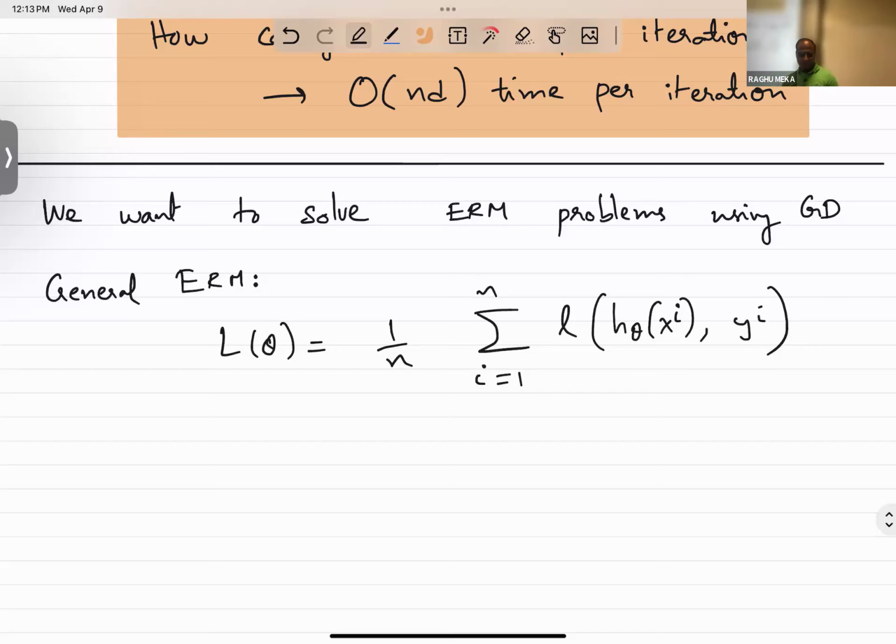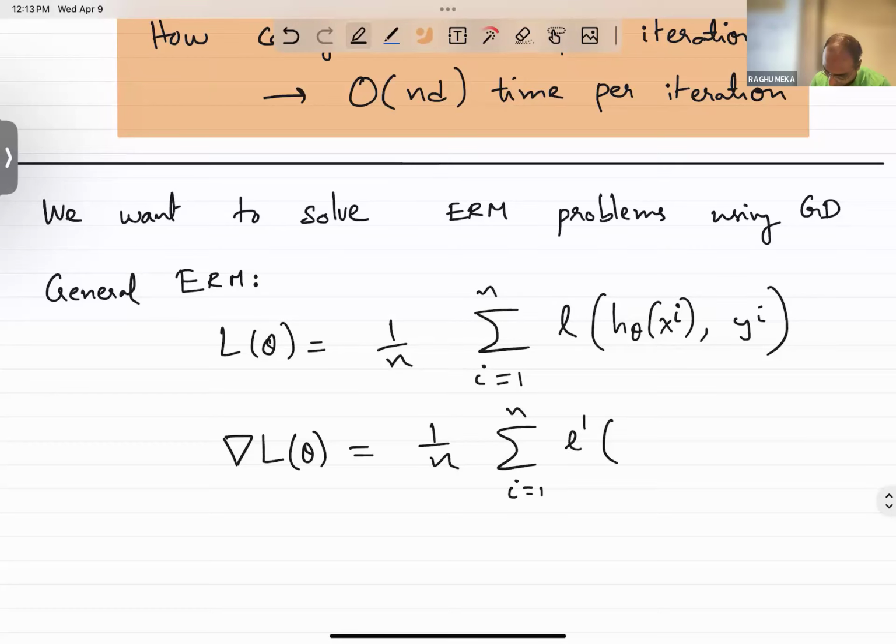If I want to run gradient descent, I need to compute the gradient, which by chain rule once again comes out to be the derivative of the loss function with respect to the first coordinate times the gradient of h theta of xi.